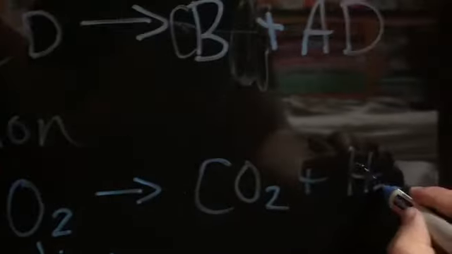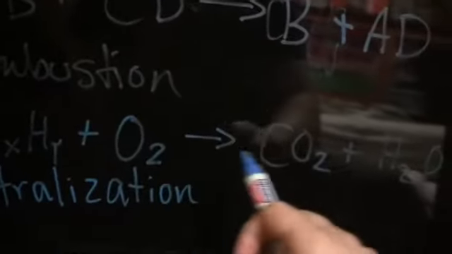And what happens is they react with oxygen, which is O2, to create CO2 plus H2O. And remember, I'm not balancing any of these. You just want to look for the different elements involved. So if you see CO2 plus H2O, that's going to be a combustion reaction no matter what.